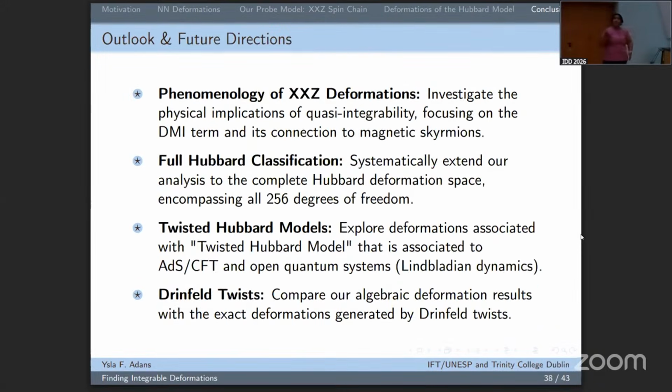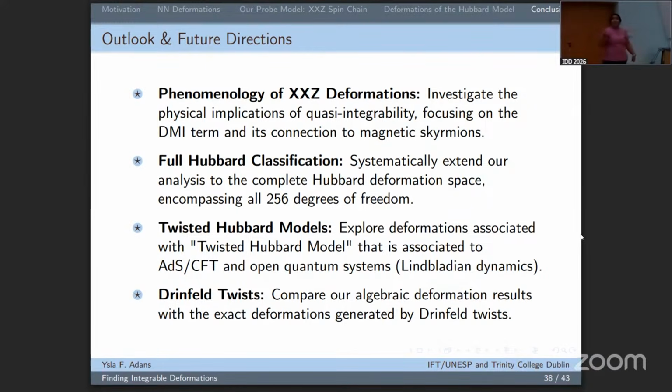And right now, some outlooks: we would like to study a little more what this quasi-integrable deformation represents, possibly to make schemas or something more physical about this DMI term. The full Hubbard classification is something we are working on, because first order is easy.